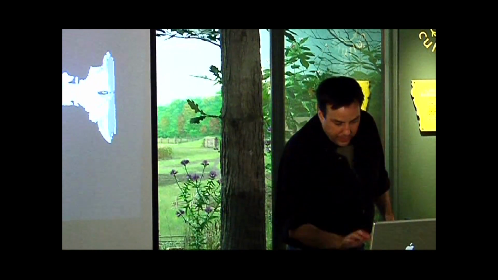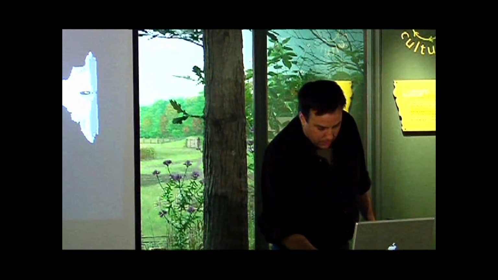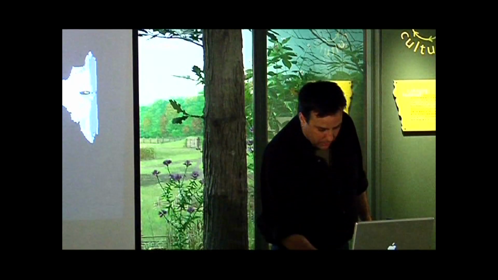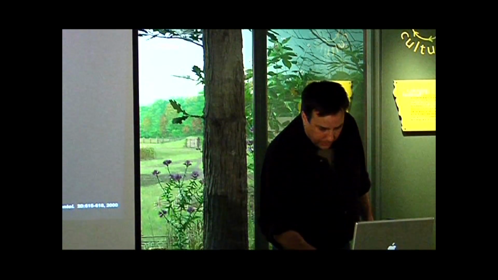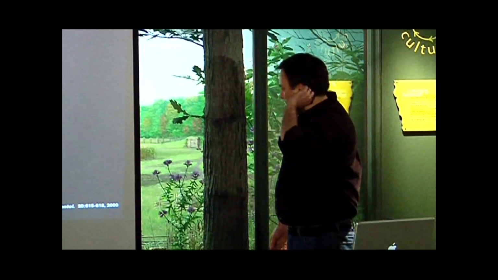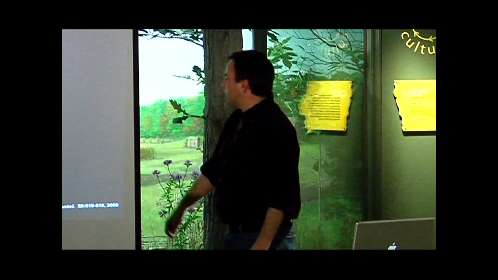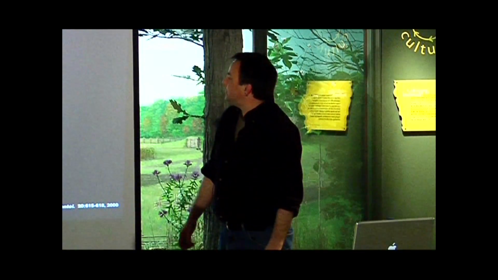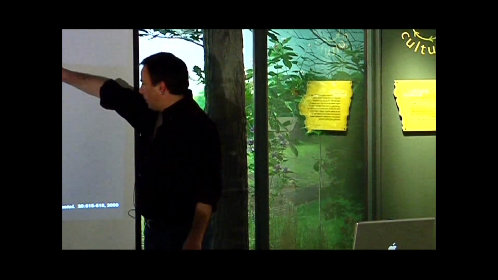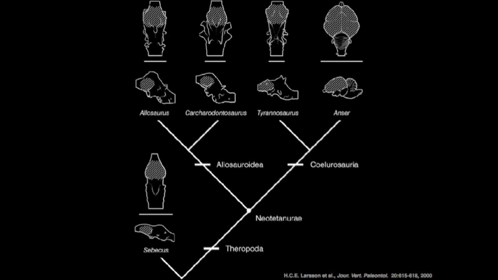And then combine that with phylogenetic information. This is not cooperating. There we go. This is from a paper that another friend of mine named Hans Larsen and others published several years ago. We know what the brain of a bird is like. We can just cut one open. We know what the brain of a croc is like. Again, cut one open.